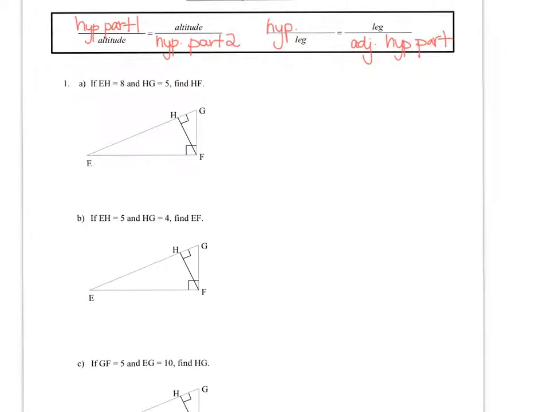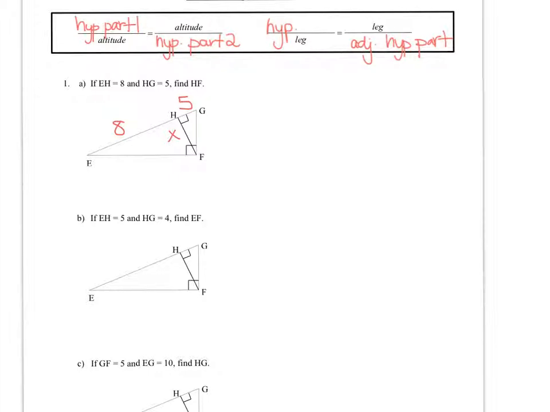Okay, if at any point you need to pause it because I'm going too fast, please do so, and you can rewatch it as well. Okay, so here we go. EH is 8, HG is 5, and we are looking for HF, which I will call X. Now, you don't have to write the relationship each time, but I do find it helpful.